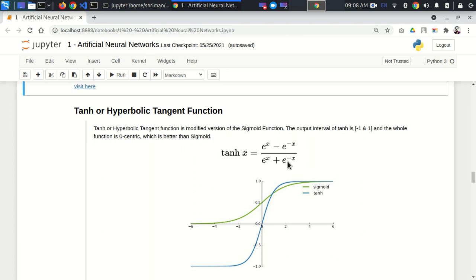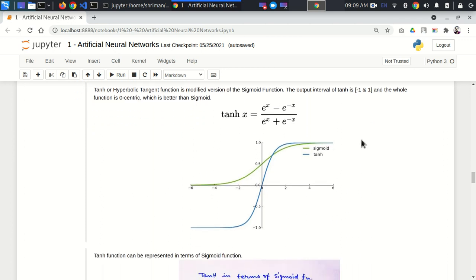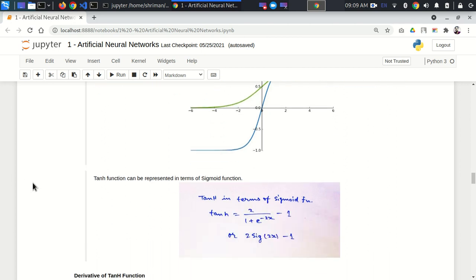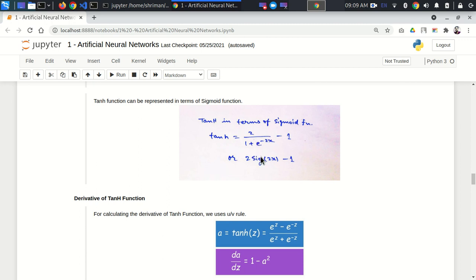The output interval of tanh will be -1 to 1. With sigmoid we only get 0 to 1, but here it gives you output in the range -1 to 1, which is better than sigmoid, and it is a zero-centric function as well. The tanh function can be represented in terms of a sigmoid, so this is the representation of tanh in the form of a sigmoid function.